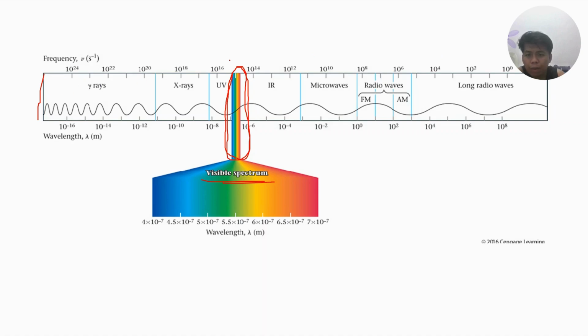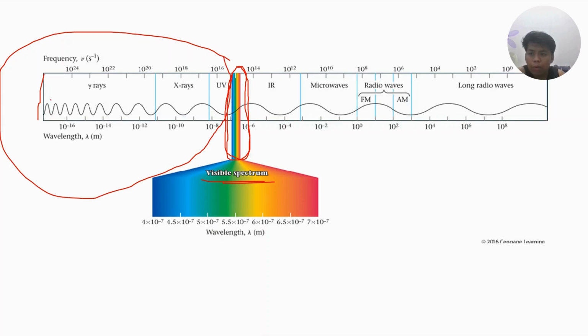At this level right here below, in this region, these are low in wavelength but high in frequency. Since it is high in frequency, as we will learn later, it has more energy.